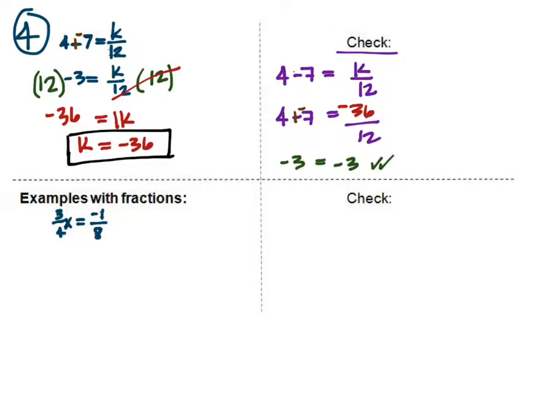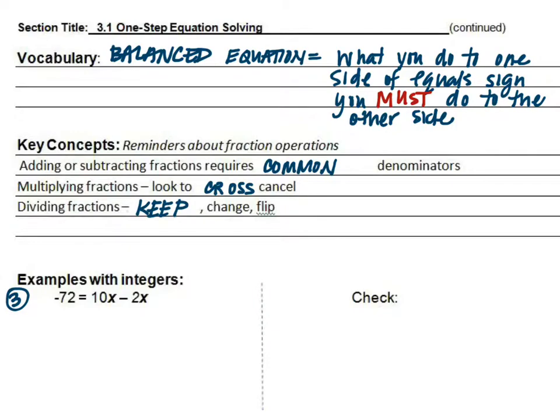And when we go back to our previous situation, when we were talking about our operations, I'm going to pause here and go back so we can review those operations. Under our key concepts right here, when we divide fractions, we keep the first one, we change it to multiplication, and we flip the second.